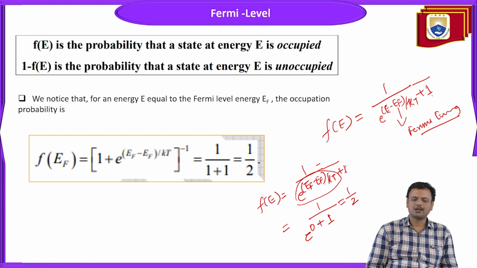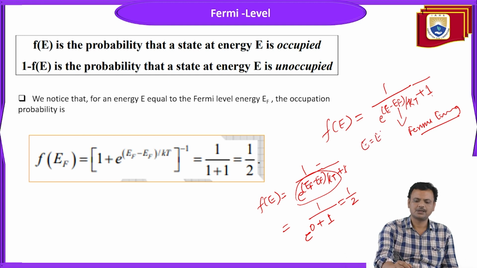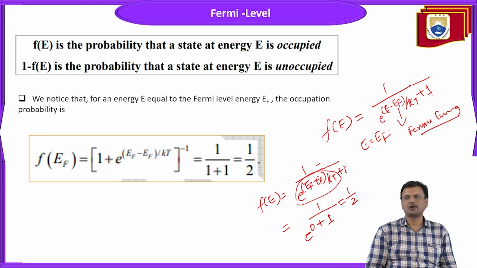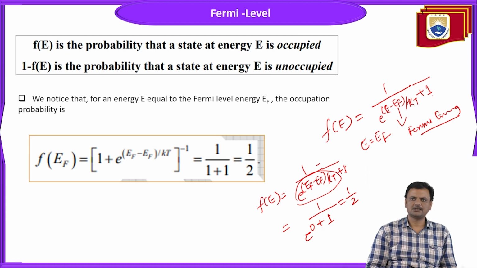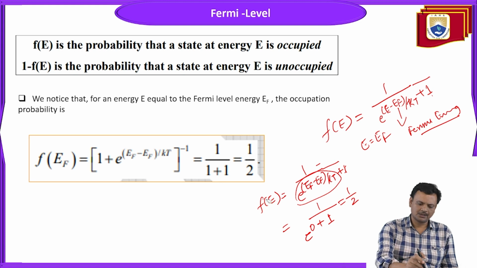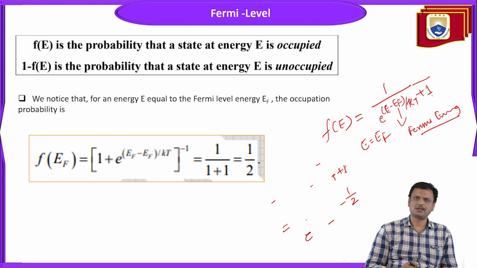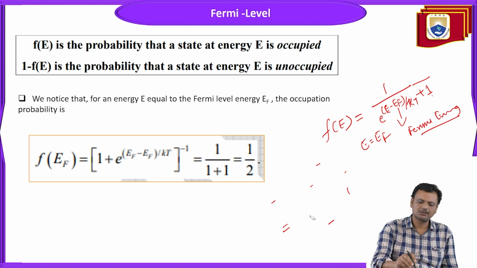Now once you put E equal to EF, what are you getting? The probability of occupancy of this level, that is, E equal to EF, is equal to 1 by 2. So you can define your Fermi level with the help of this probability also. So what is your Fermi level?